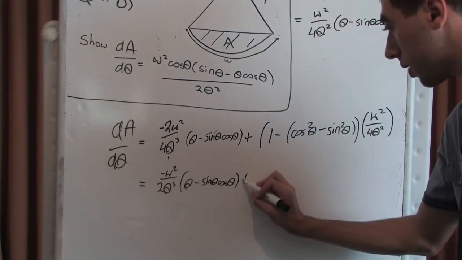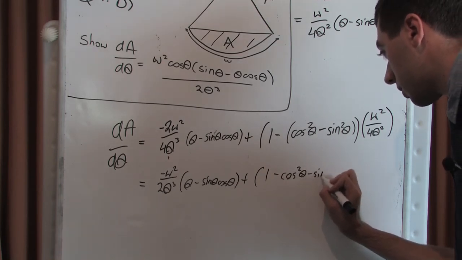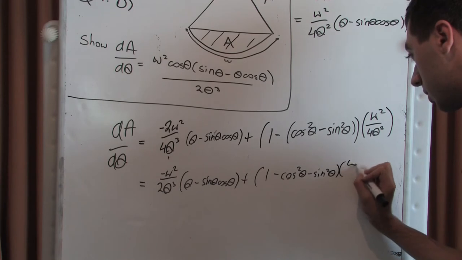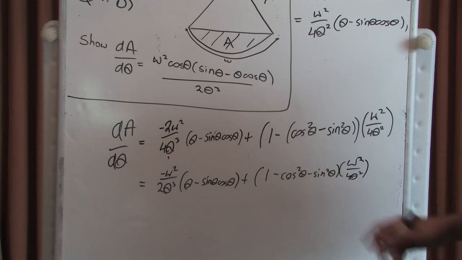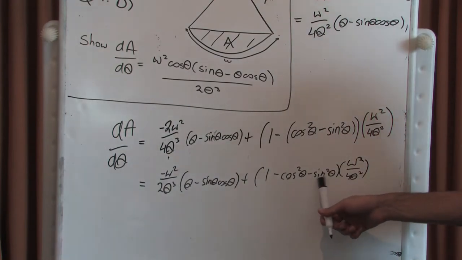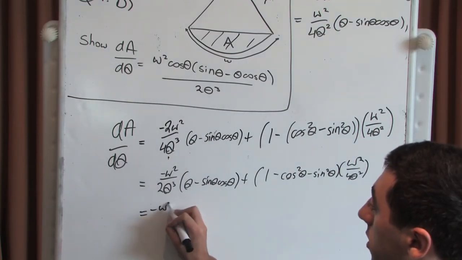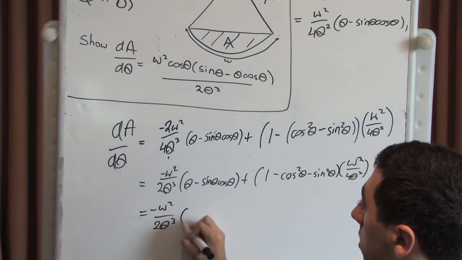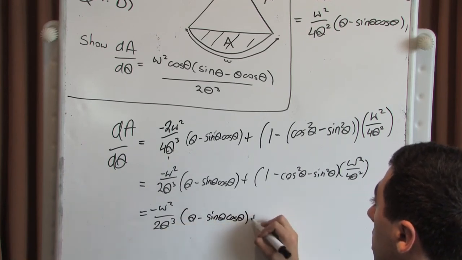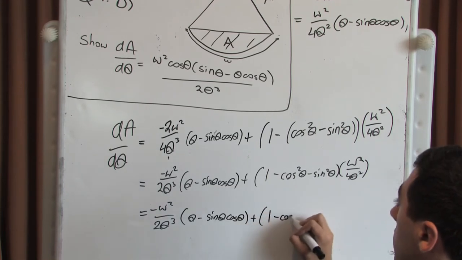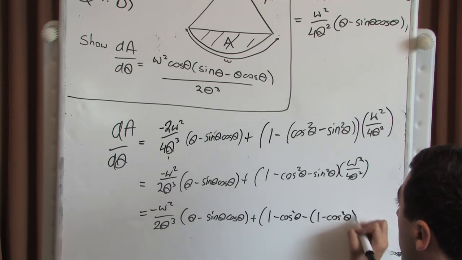Now we have plus w squared over 4 theta squared times cos squared theta minus sine squared theta. I'm going to expand the sine squared theta into 1 minus cos squared theta. So this becomes minus w squared over 2 theta cubed outside of theta minus sine theta cos theta, plus w squared over 4 theta squared times 1 minus cos squared theta minus 1 minus cos squared theta.